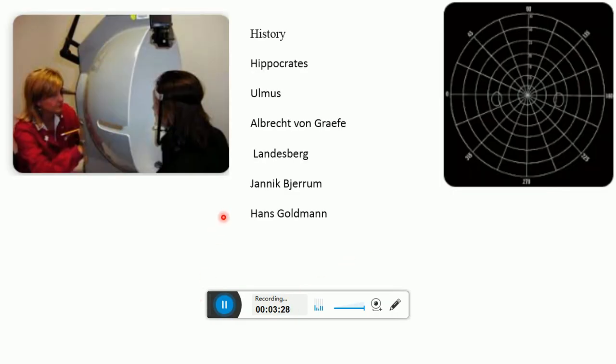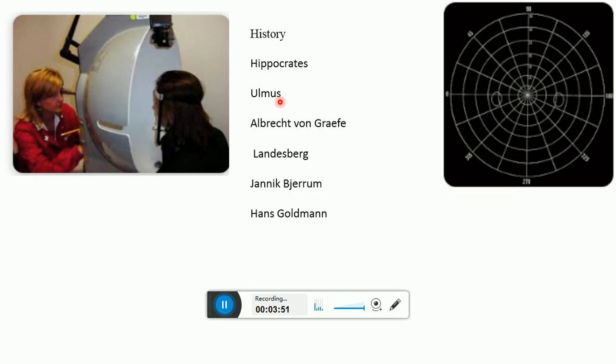Here is a short history of visual field measurement. The history of visual field analysis dates back 2000 years, when Hippocrates first reported a case of hemianopsia. Subsequently, Alhazen was the first to publish an illustration of visual fields.